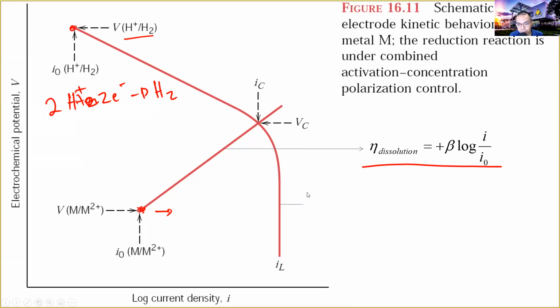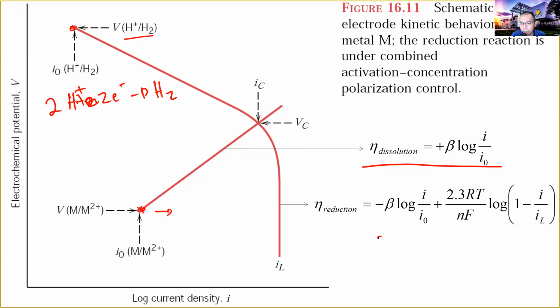The plot of this one is combined activation and concentration. Then to get again our corrosion potential and corrosion current density, we just equate these two equations. So we have this and this equal, then we can find the value of I and the value of V here.